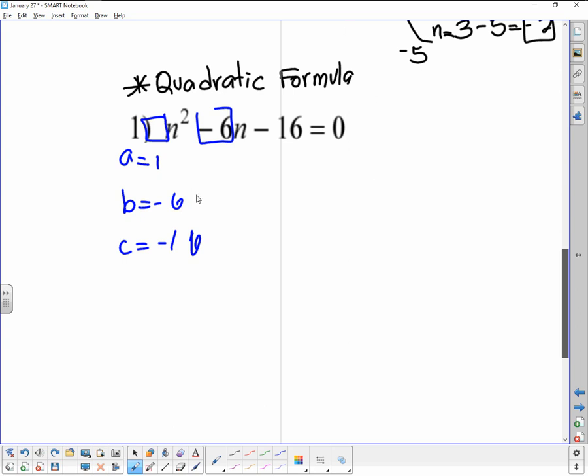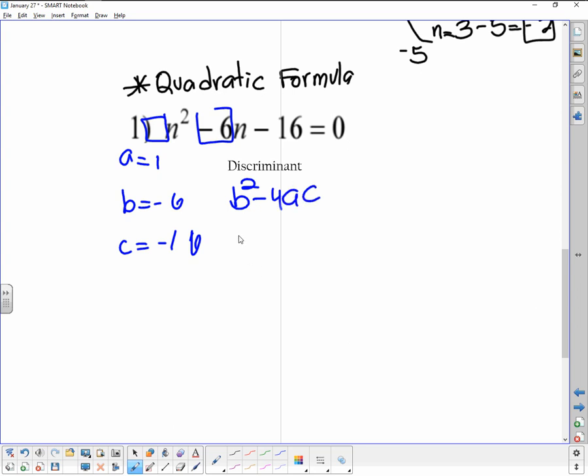you are to find the discriminant. To find the discriminant, the formula is b squared minus 4ac.